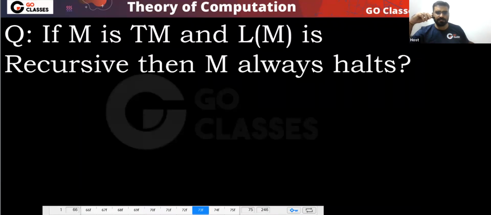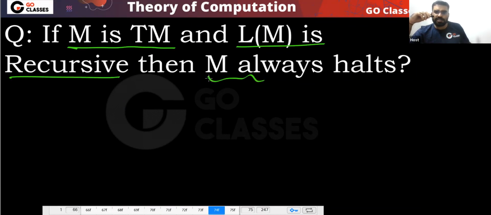Okay, now let's see about this one. M is a Turing machine, and LM is recursive. This information is given to you. Then can I say M always halts?